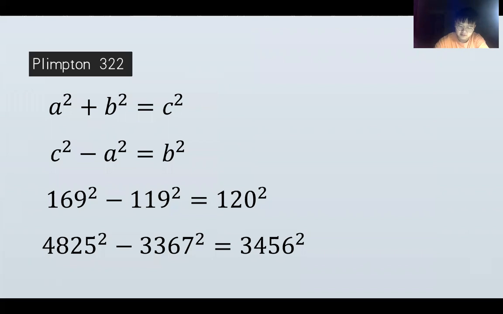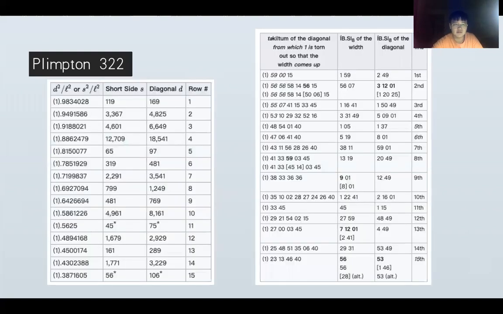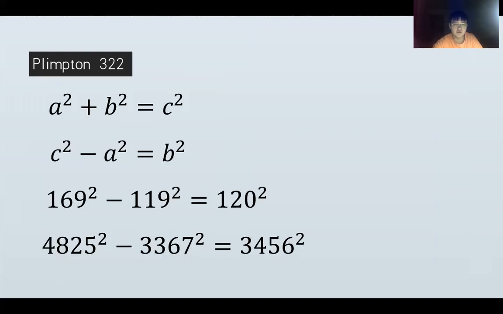Let's get back to the Pythagorean triple, which is a squared plus b squared equals c squared. If we move the a squared to the other side, we can easily get c squared minus a squared equals b squared. And then we can put the numbers on the tablet into this formula.